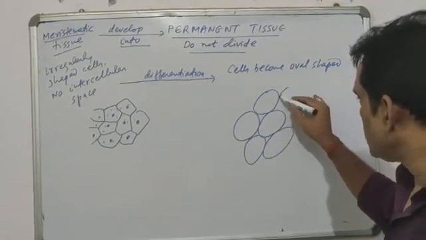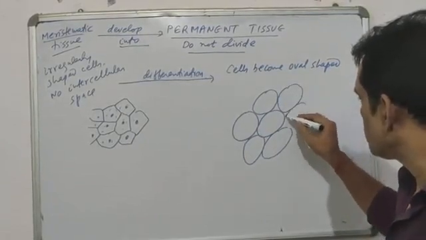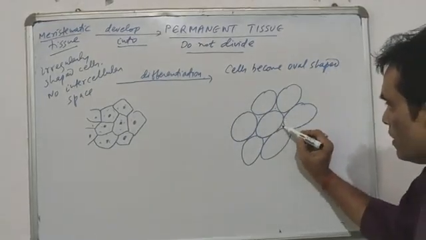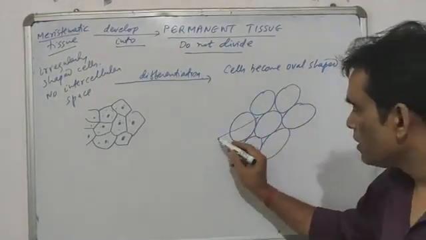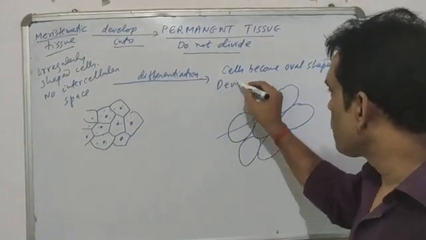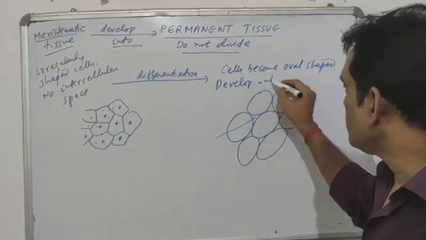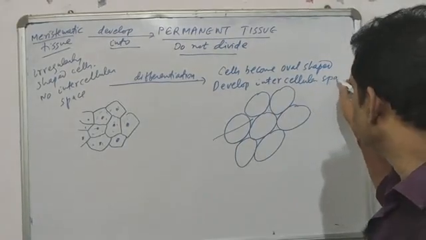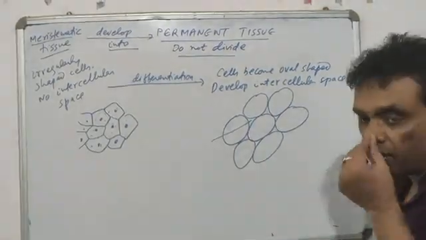But because of the change in the shape, you can see what happens. In between the cells, here, here, here, what is this? They develop intercellular space. So that is the transformation.